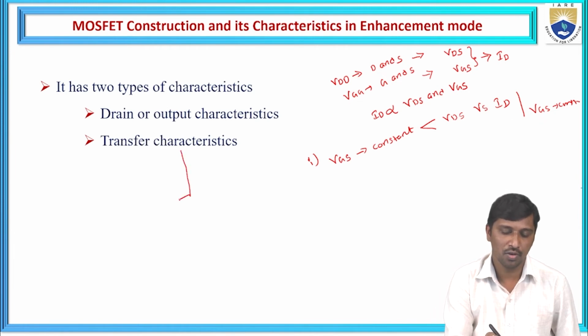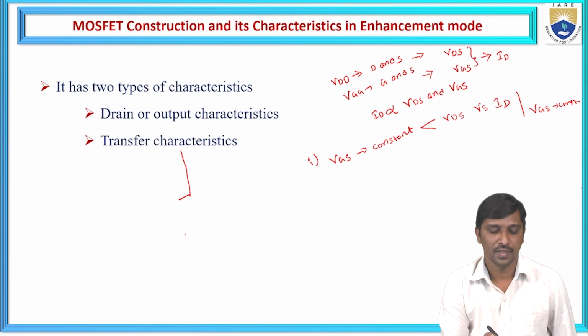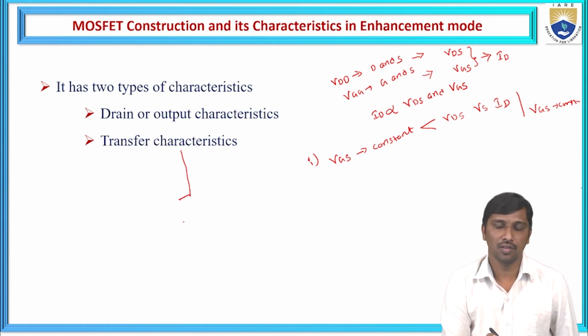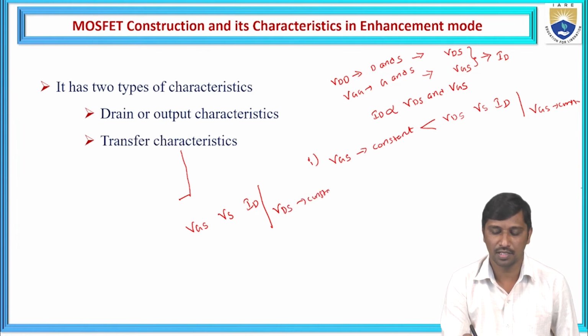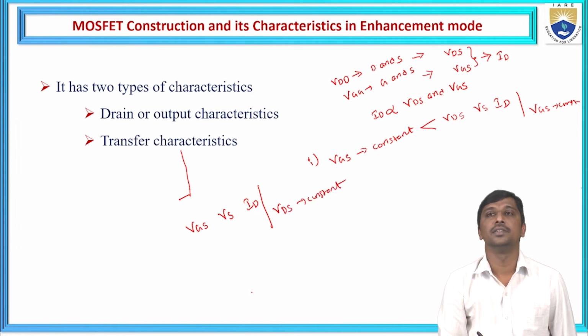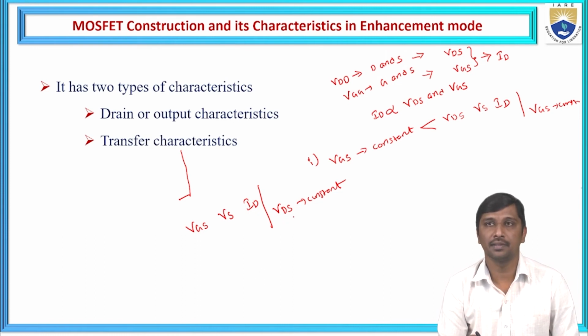If you want to find the transfer characteristics, they are plotted between gate to source voltage versus drain current by keeping the drain to source voltage constant. By maintaining the drain to source voltage constant, we observe how the drain current varies with the variation of gate to source voltage.